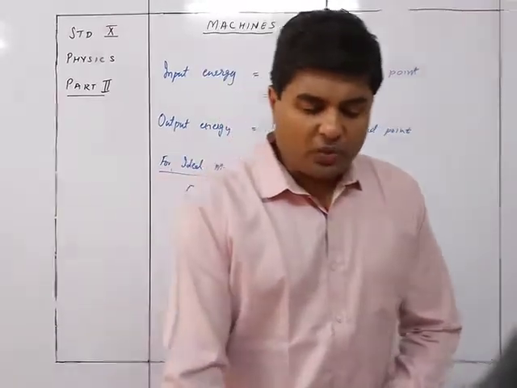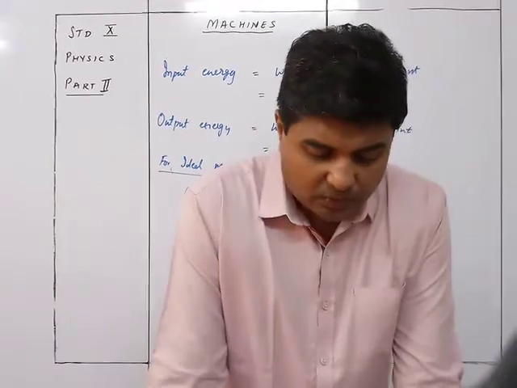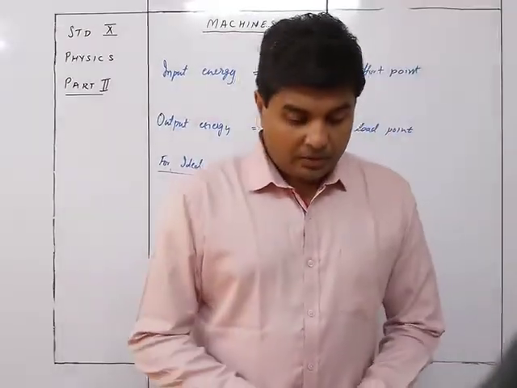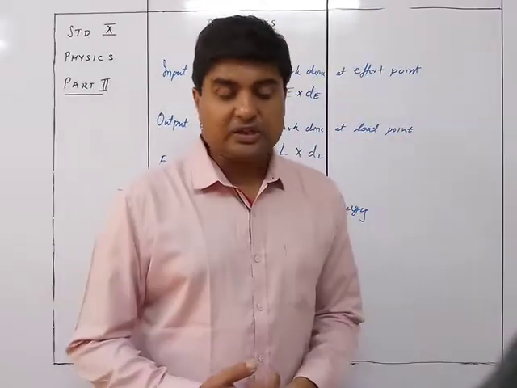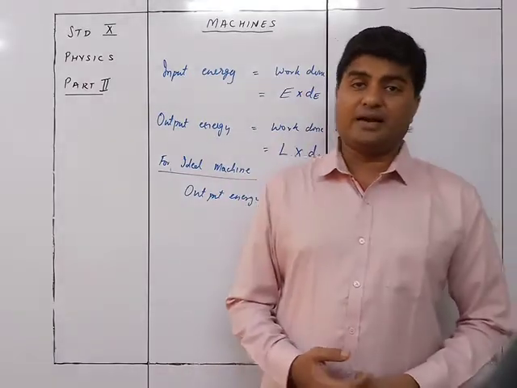So the useful work done by the machine, that is output energy, can never be greater than the work done on the machine, that is the input energy. Otherwise it will violate the principle of conservation of energy. Therefore no machine can ever have an efficiency greater than 100%.